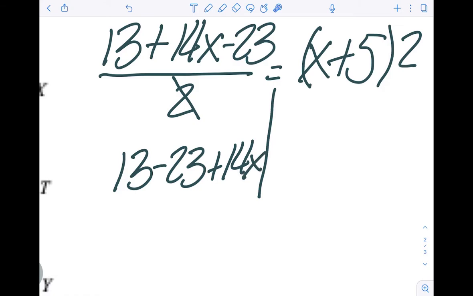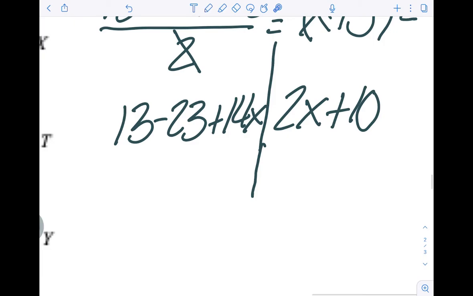I got 2 times x is 2x, and 2 times 5 is 10. So 13 minus 23 are different signs. 23 minus 13 is 10, a negative 10. So I'm going to move this negative 10 over and make it a plus 10. And I'm going to move this.